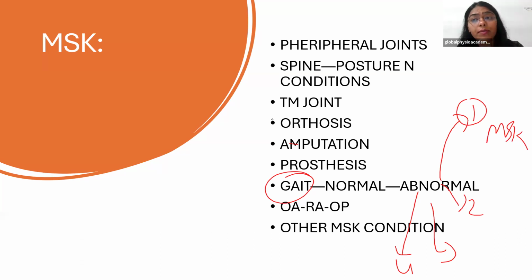Gluteus medius patients. Quadriceps weakness, poliomyelitis, quadriceps weakness, drop foot, dorsiflexor weakness. So these are MSK related conditions and the gait deviations, gluteus maximus weakness, hip flexor contractures. So these are totally MSK related gait deviations in the stance phase, swing phase.